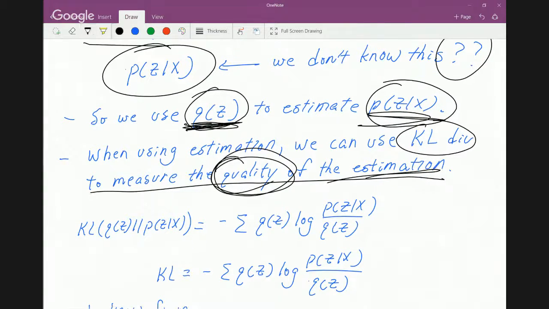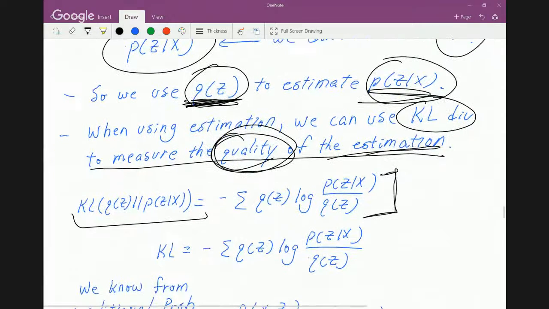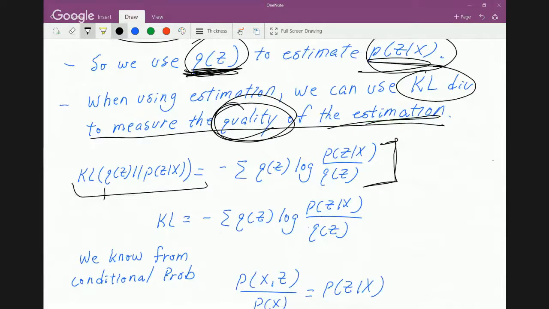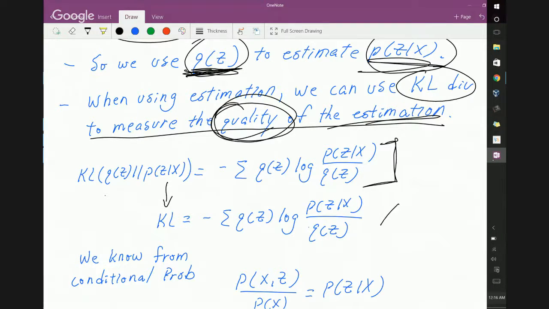And now we use the KL divergence, and here's the equation. You might want to study this equation to make sure you come up with the same thing, but we're essentially just following the formula above. To simplify, I don't want to write this every time, so I'm just going to write KL, and over here is the same. So let's start from this equation first.